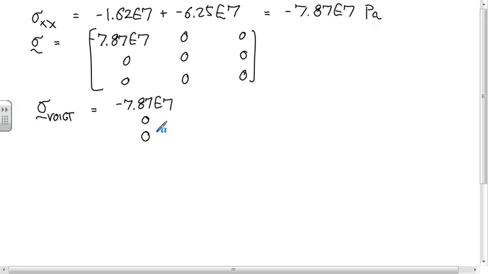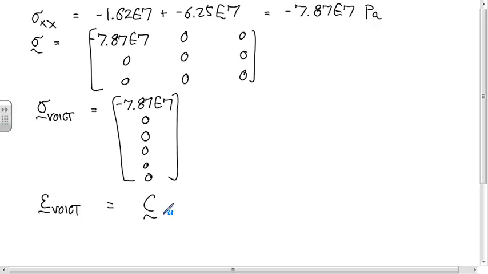Because of the funny order. So 0, 0, 0. And so the Voigt strain is equal to the compliance matrix times the Voigt stress.